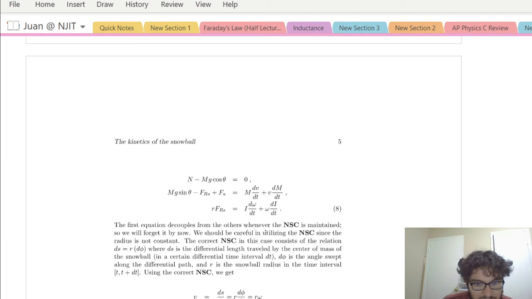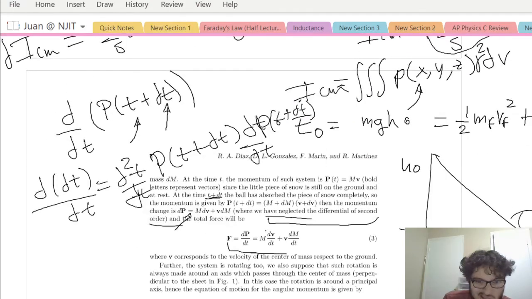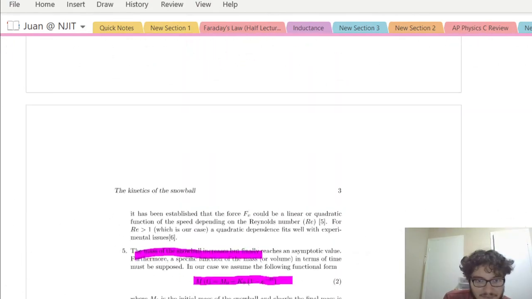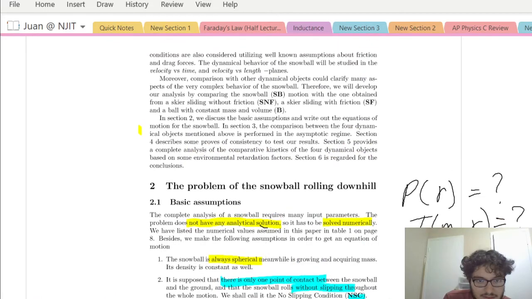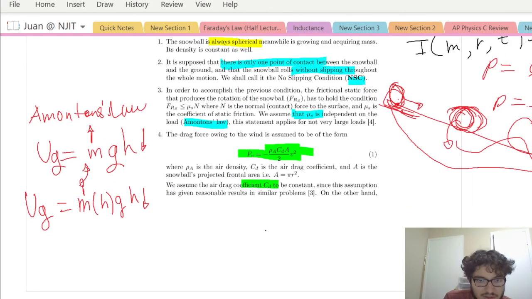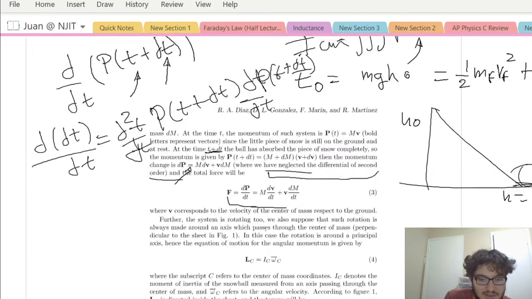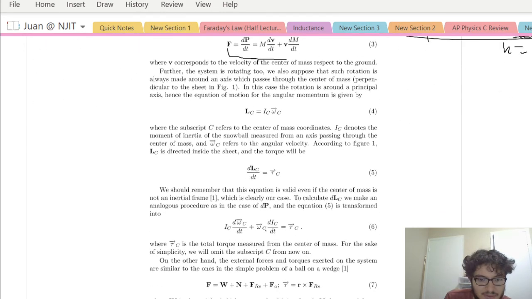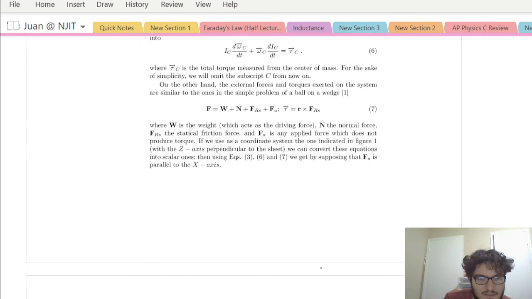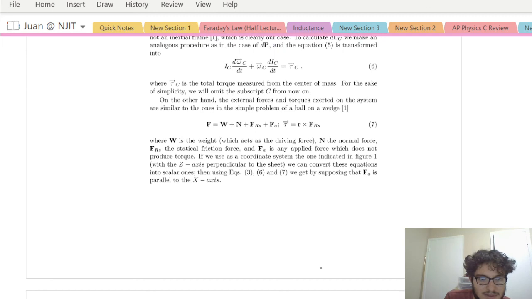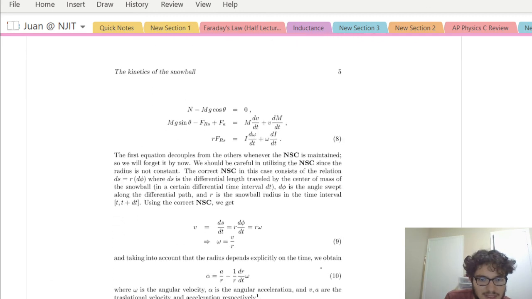So because the radius is not constant, NSC, what was NSC again? It was the condition for no slipping. So they say that for the no slipping condition, you have to be careful because the radius is not constant.